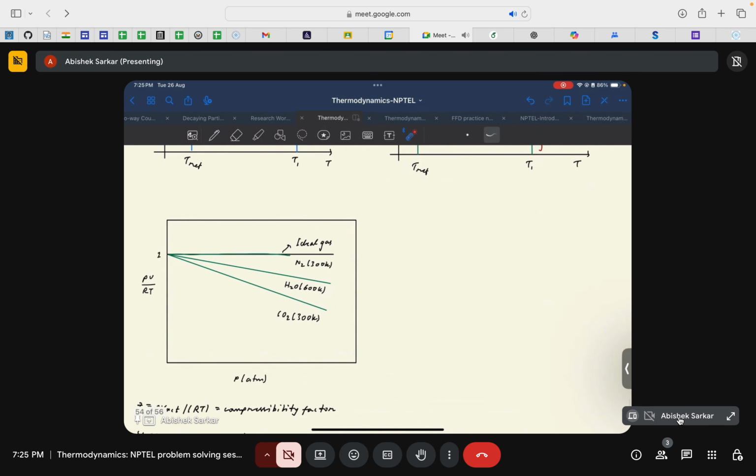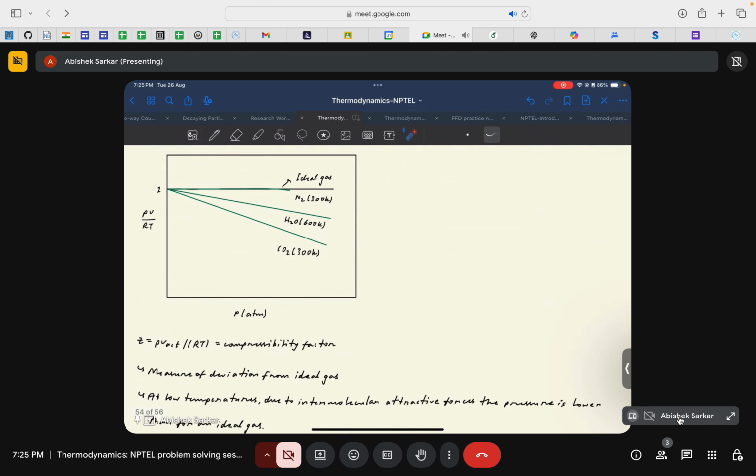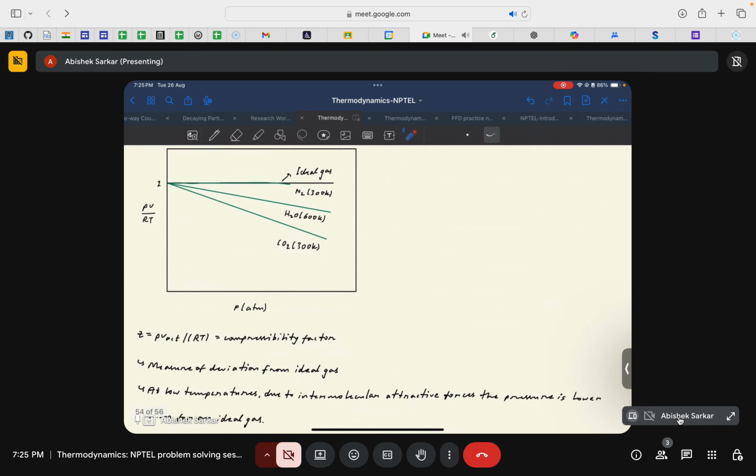One other final topic was the compressibility factor. There was a separate lecture on it, so I just touched upon the plot shown here. Since there are no relevant questions on this concept in the assignment, I am not diving deep into it. Sir mentions that the compressibility factor for actual gases, compared to an ideal gas, is PV actual divided by RT.